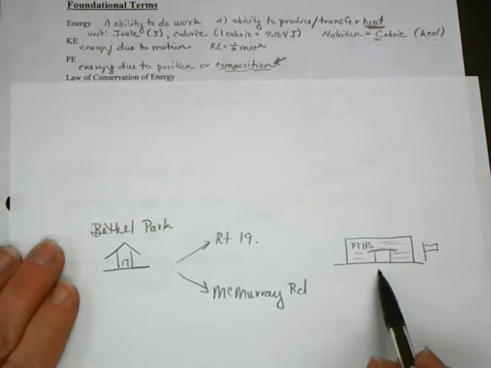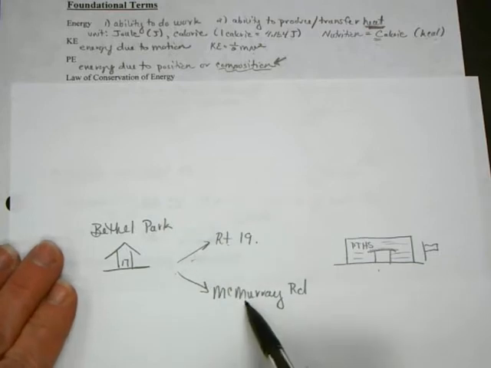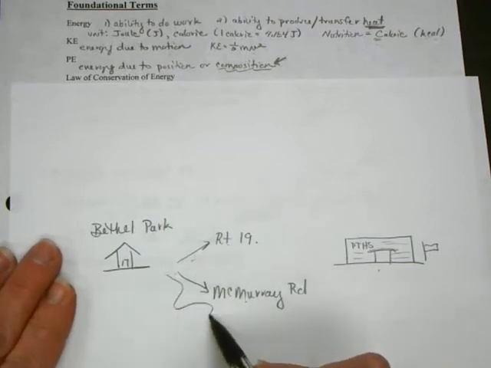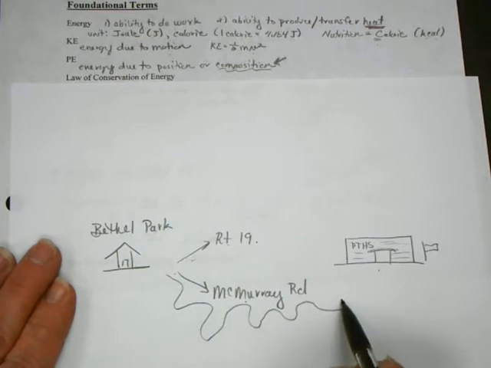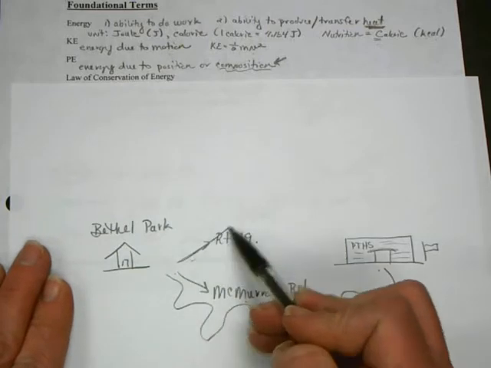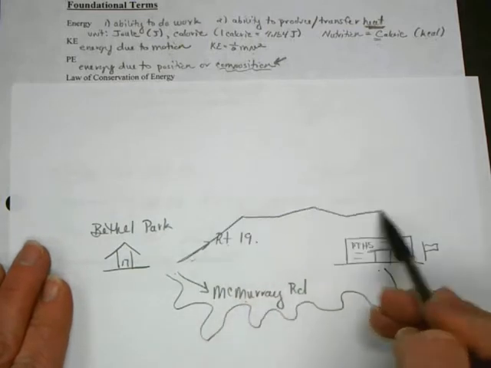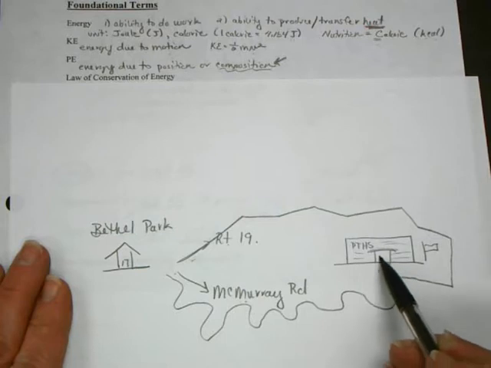Now, I have a choice. I could take Route 19, or I could take McMurray Road. So you guys are familiar with McMurray Road, the curves, the very slow people you get behind, etc. If I take Route 19, well, that takes me by stoplights and so on, but I end up getting where I need to be at work.